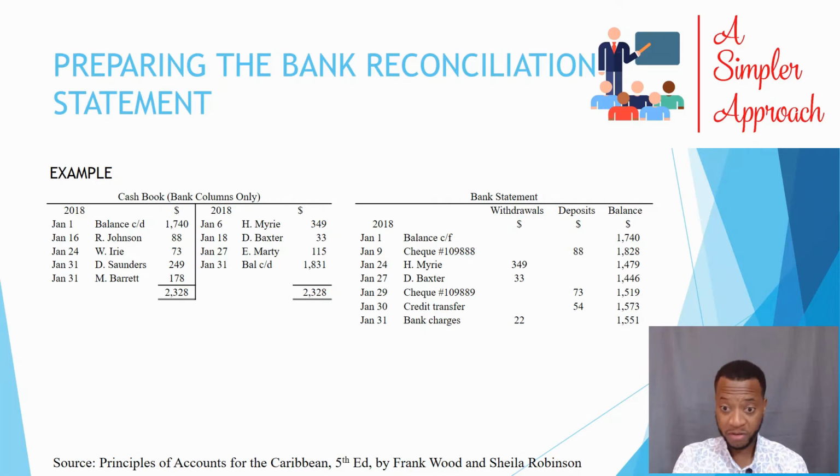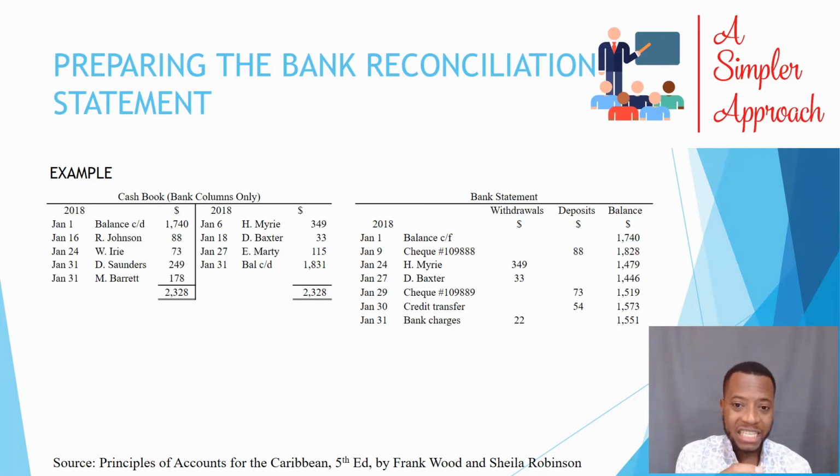Now this is how you perform this one. There are items in the cash book that are not on the bank statement, and there are items on the bank statement that are not in the cash book. Okay? We're going to start with the cash book, and we're going to start with the debit side.